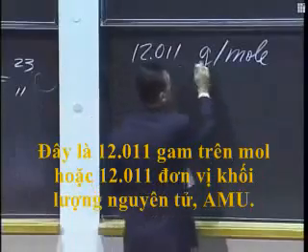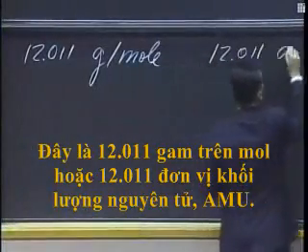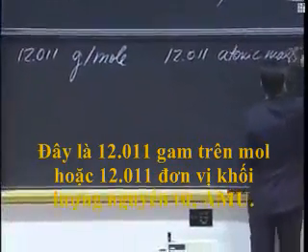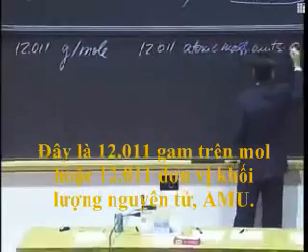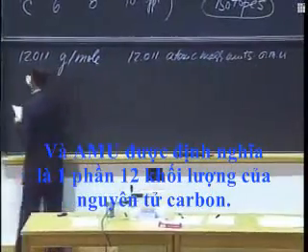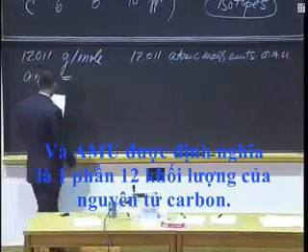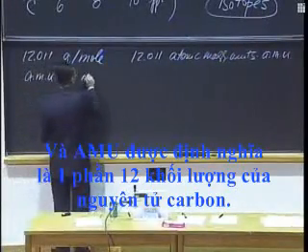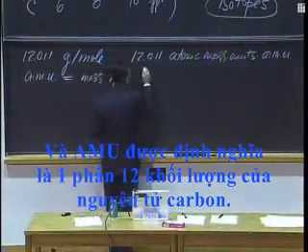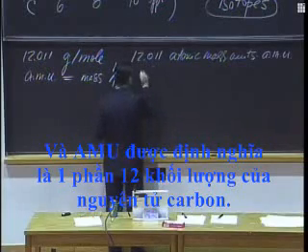So this is 12.011 grams per mole, or 12.011 atomic mass units, AMU. And the AMU is defined as the mass of 1/12 of a carbon 12 atom.